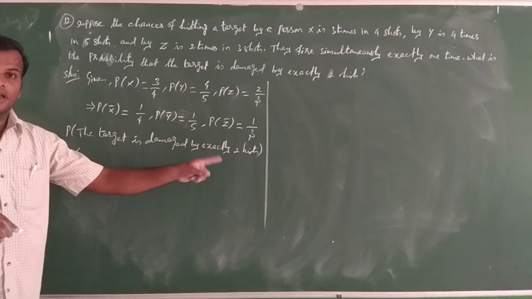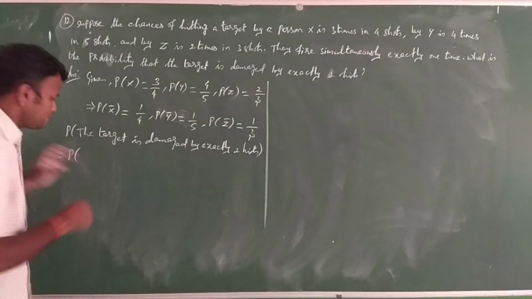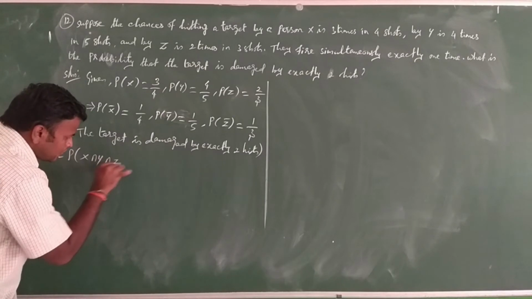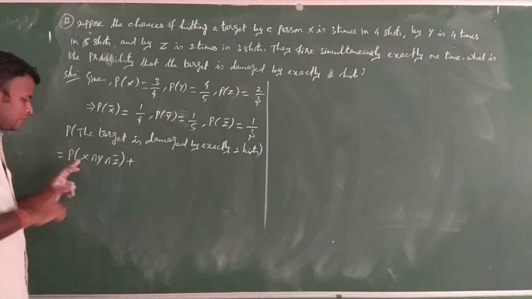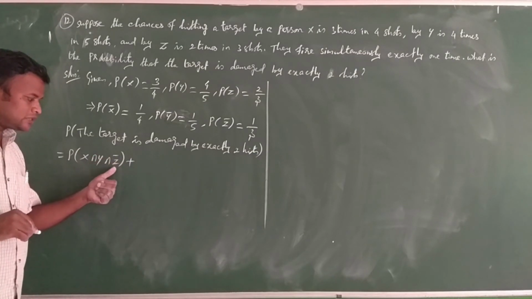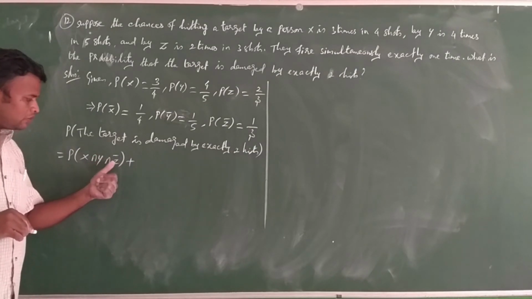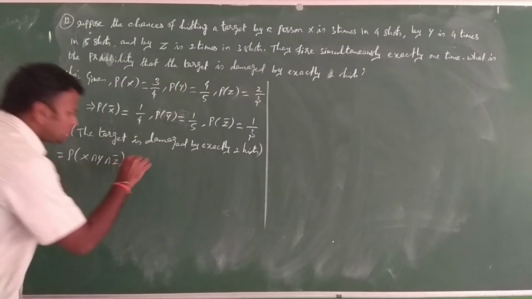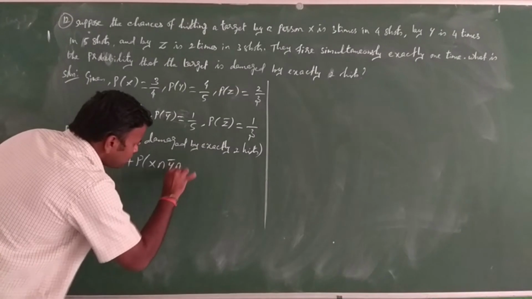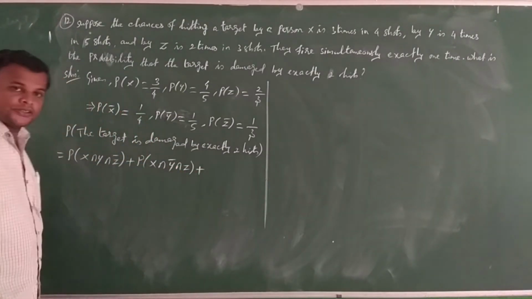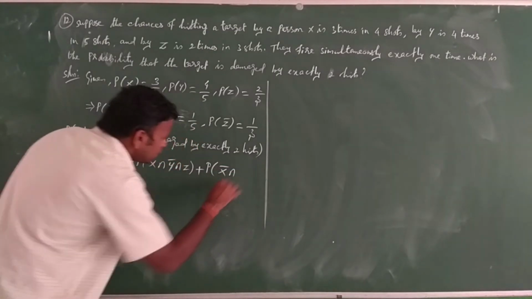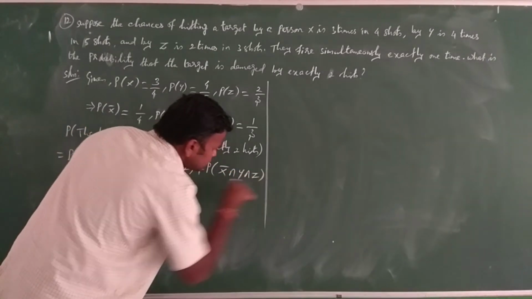That means one person does not hit. Suppose x and y, two persons, hit the target and the third person z does not hit the target. Then the bar will be moved. P of x intersection y intersection z bar, plus P of x intersection y bar intersection z, plus P of x bar intersection y intersection z.